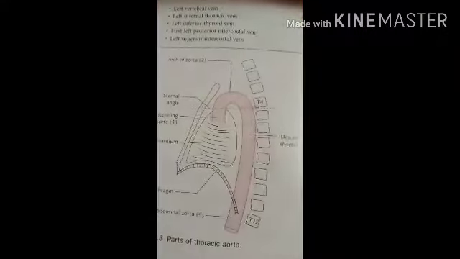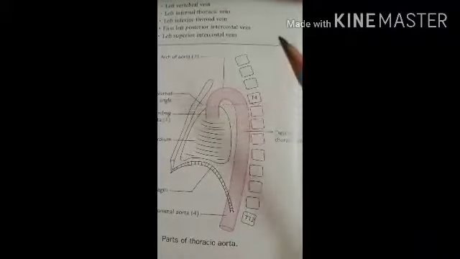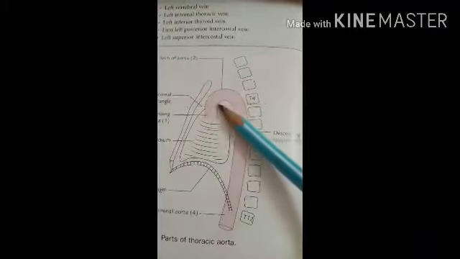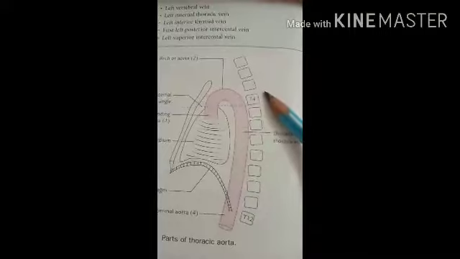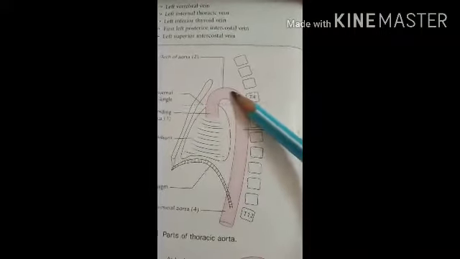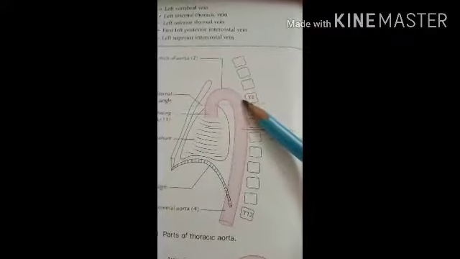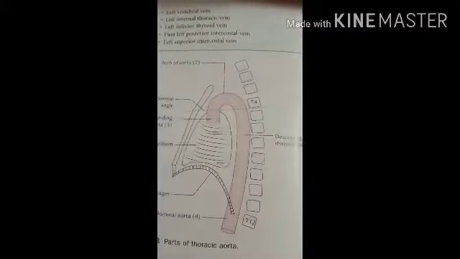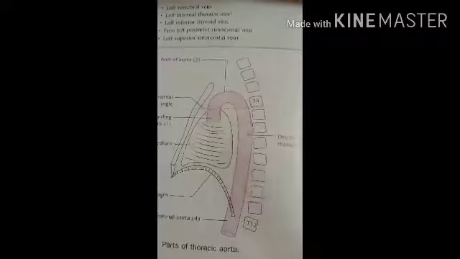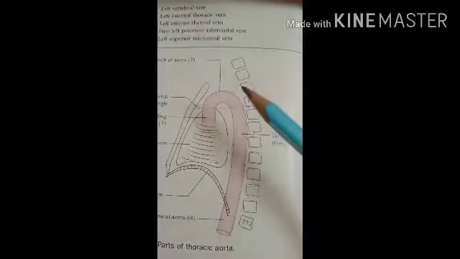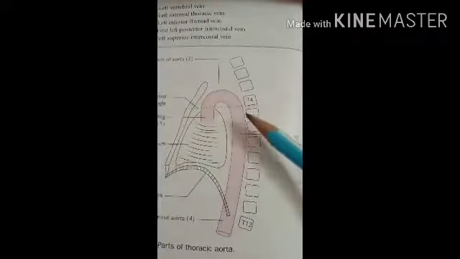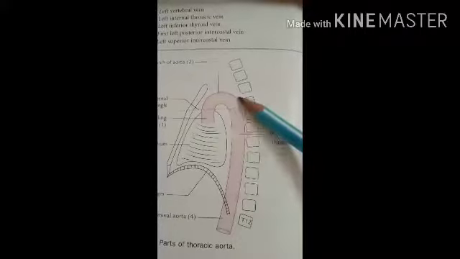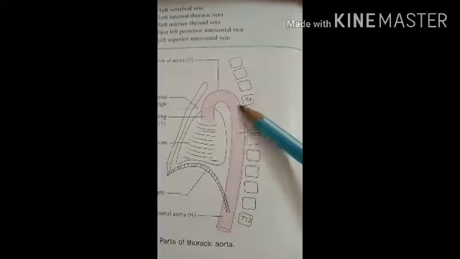Here the trachea is bifurcated at this level, and the arch of the aorta goes and then passes downwards behind the left bronchus, and then to the left side of the body of the fourth thoracic vertebra, the T4 vertebra.